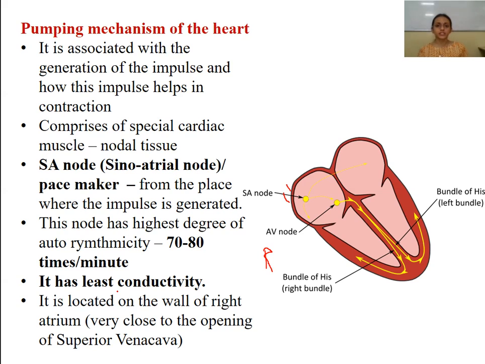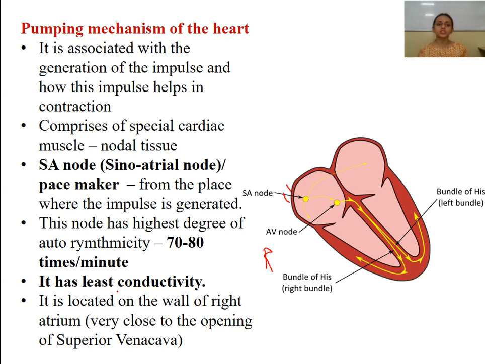Now in this particular session we will be moving to the last part of this chapter, where we will be studying the pumping mechanism of the heart. That means how the heart pumps, how it functions, and how by this pumping the blood is circulated through the heart. This pumping mechanism of the heart is associated with the generation of impulse.